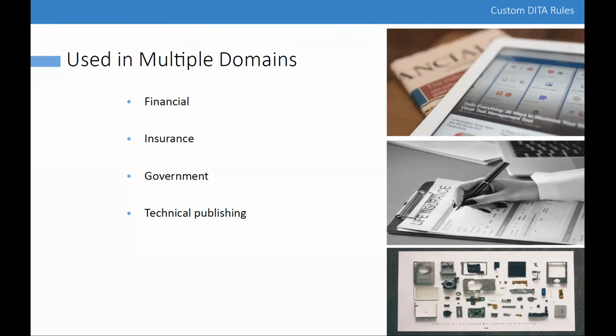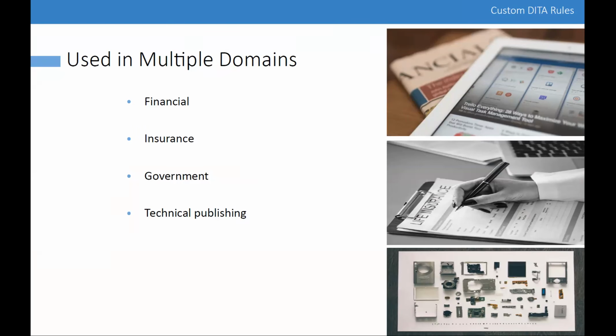Schematron is used in a lot of domains, and we get a lot of feedback from different companies: financial, insurance, government, or technical publishing. They use Schematron to check their data and make sure that the data is as they want. For example, in financial or insurance, you want to make sure that the data in the documents is correct, and that there's nothing wrong there.